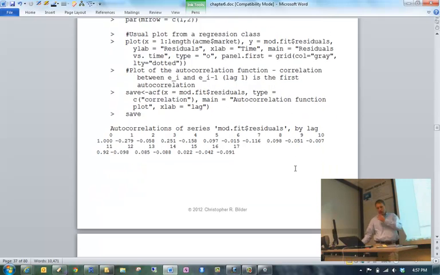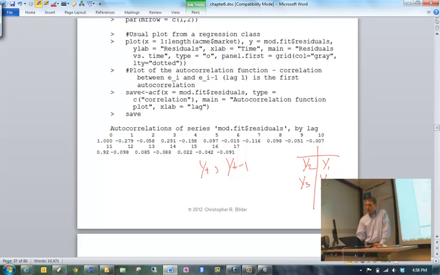If you've never heard of an autocorrelation function, what it basically is, let's say I have some data, we'll call it y, and I have y measured at time t. If I look at the correlation between y at time t versus y at time t minus 1, in other words, you can think of y2, y1, y3, y2, in terms of forming a data set, I'm going to find the actual correlation between these 2 values.